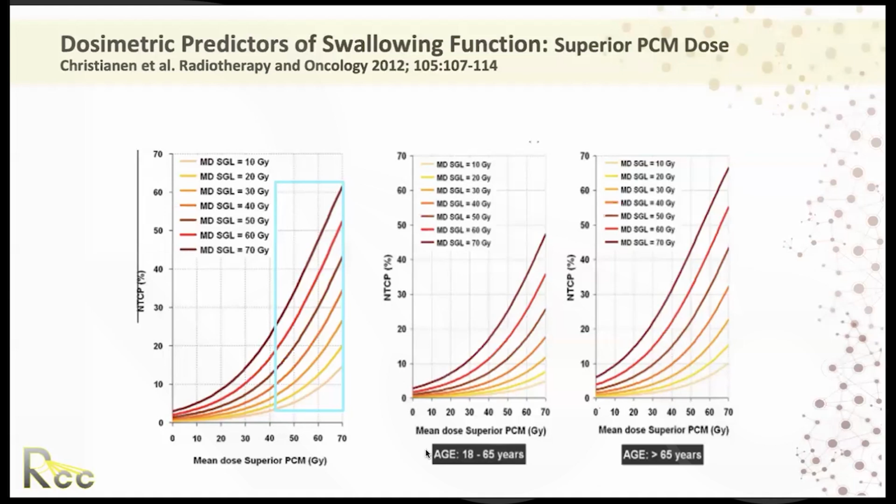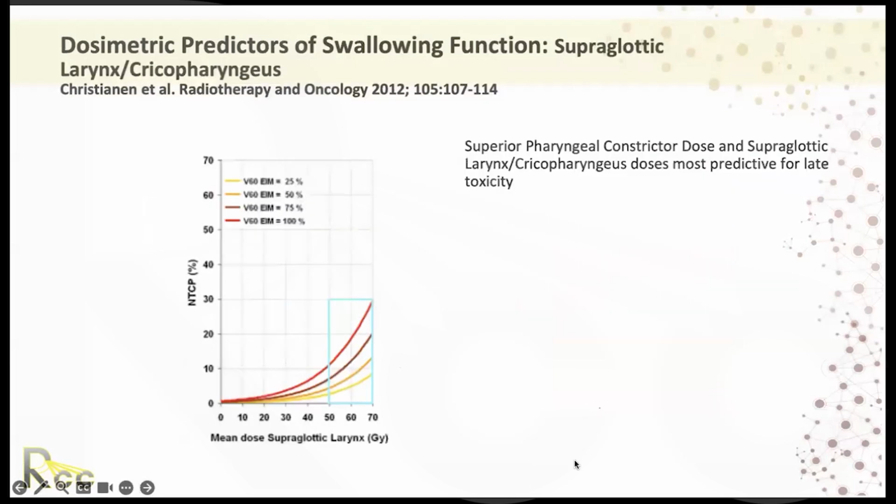So just be mindful that there are other factors beyond radiation dose and volumes, including age and underlying health. This is the same study, showing that in this particular study, the superior pharyngeal constrictors, the supraglottic larynx, and cricopharyngeus doses were most predictive of late toxicity in patients.